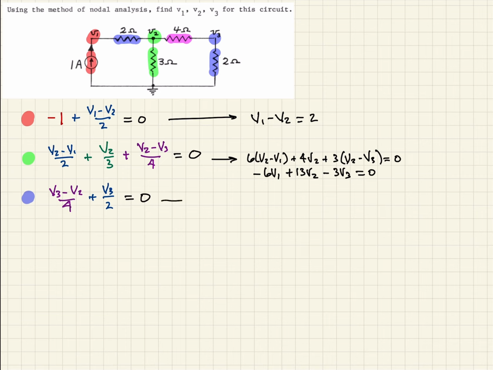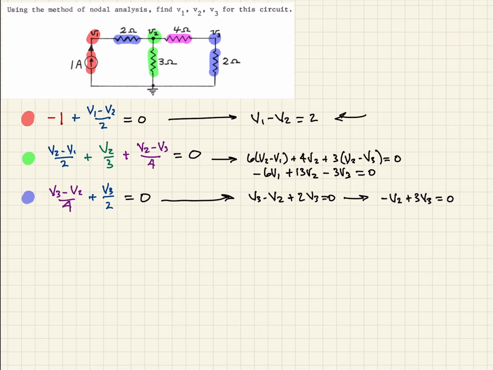And then finally, for this one, if we multiply through by 4, we'll have V3 minus V2 plus 2 V3 is equal to 0. Gathering like terms on that one, we will have minus V2 plus 3 V3 is equal to 0.